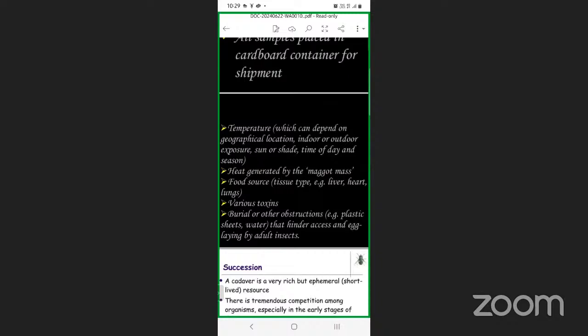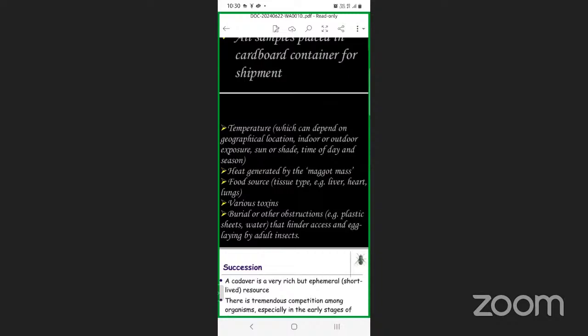These are all conditions that matter in the investigation. Heat generated by the maggot mass also plays a very important role in identifying things. And whatever tissue is available in the decomposed body is the food source for them, like liver, heart, lungs.